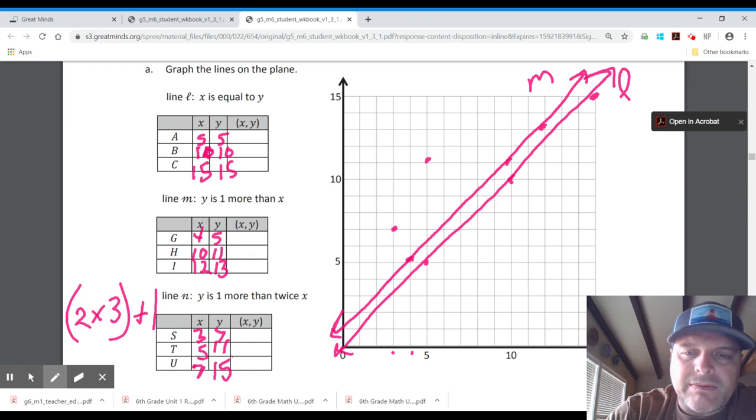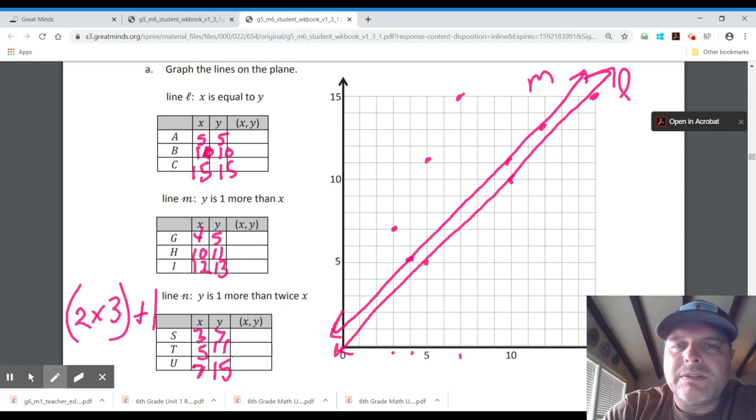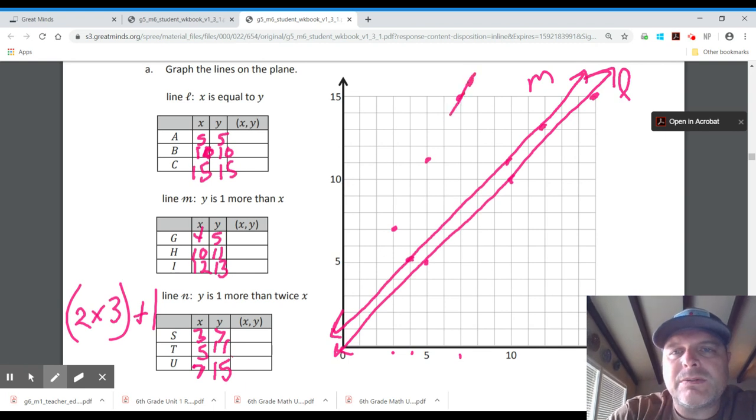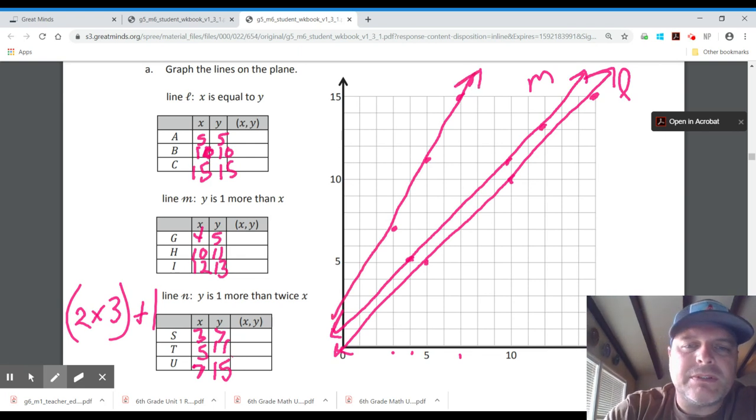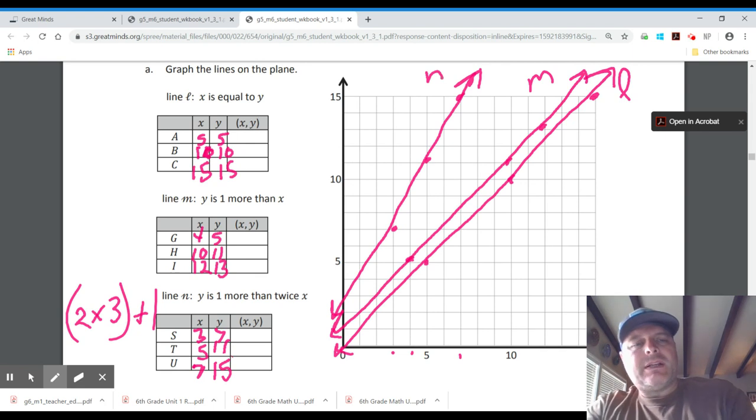So let's go to 7. So here is 7. And go up to 15, which is the top. And there we go. That's better. So we're going to draw a line that goes straight through those points. And you can see that has a steeper slope than the rest of them. And that's going to be line N. N for Nelson.